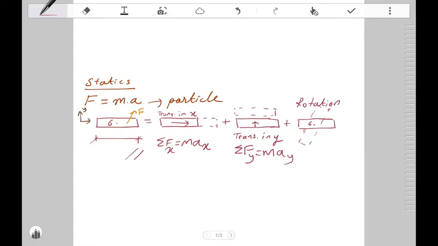So we call the rotating effect of any force a moment. So the sum of moments in this element must be equal to the mass moment of inertia multiplied by the rotational or angular acceleration. So these are the dynamic equilibrium equations that we can have for a member in two-dimensional space.